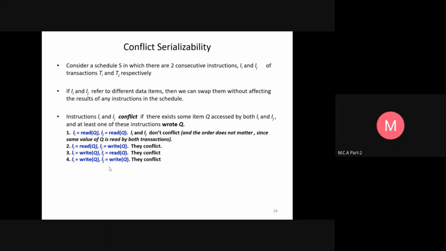Whether it was Ii doing the write or Ij doing the write, whichever was the later write would be the one read by the next transaction. So these orders differ, and they conflict whenever there is a write operation. So this is what we need to understand.